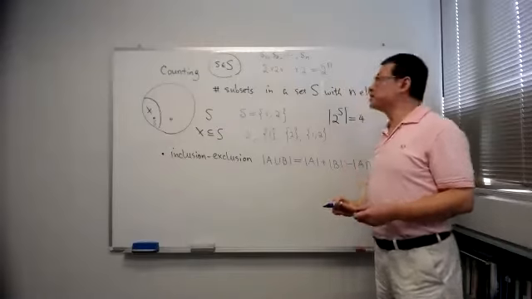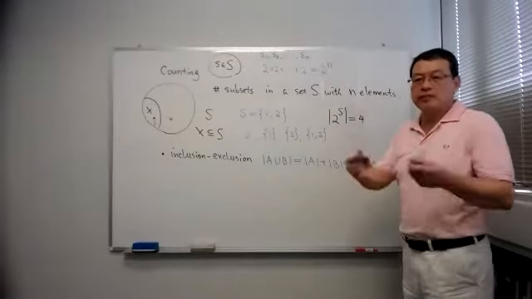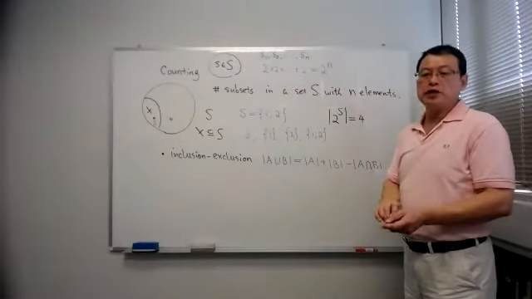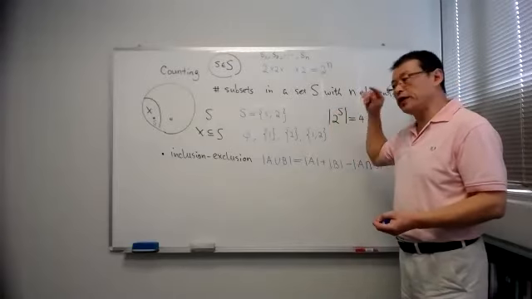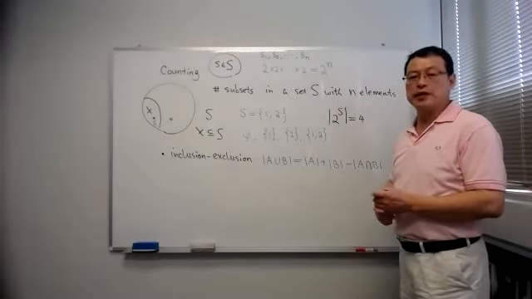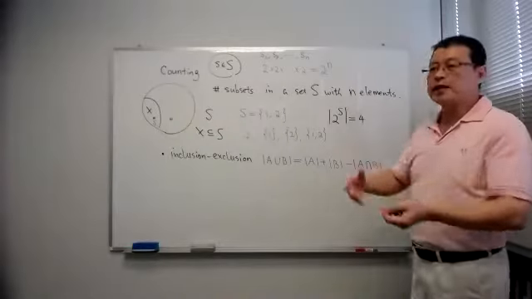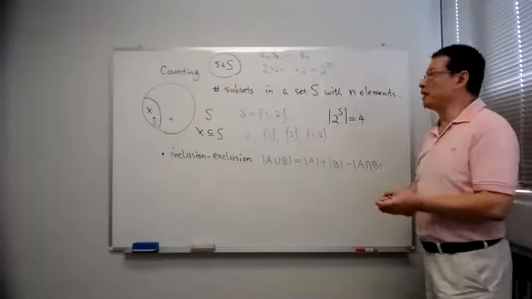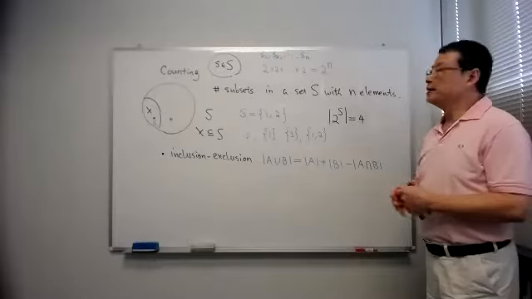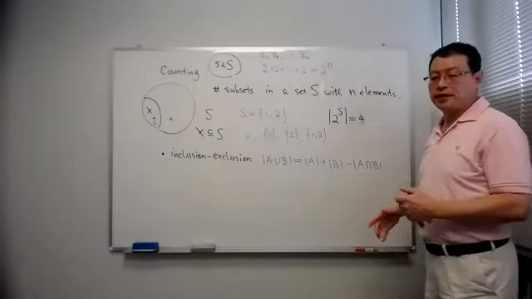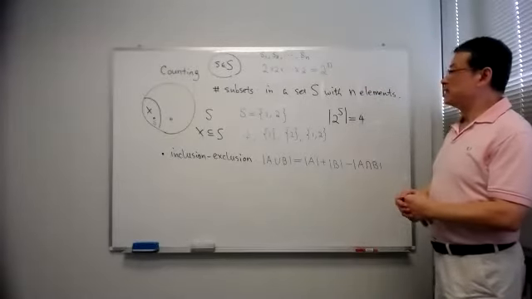So the number of subsets is 2 to the power n. Of course, most of you know this. Actually, we used this idea already last week when we discussed the pigeonhole principle, where two subsets have the same sum. We used this idea to count the number of subsets.